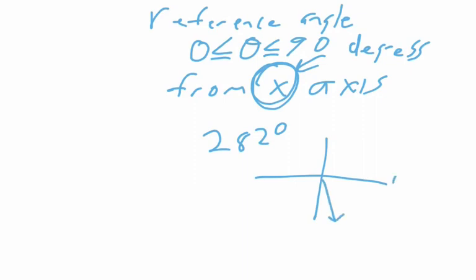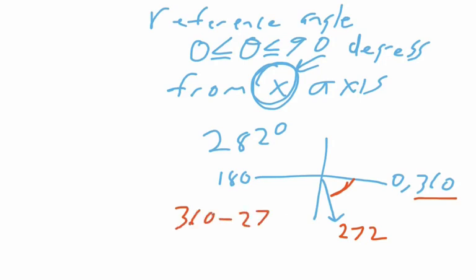Now here's 0, here's 180, and here is 360. Because I'm at 282, I will need to know the distance between 282 and 360. And so I'm going to do 360 minus 282, and that gives me 78 degrees. And that's how we find the reference angle.